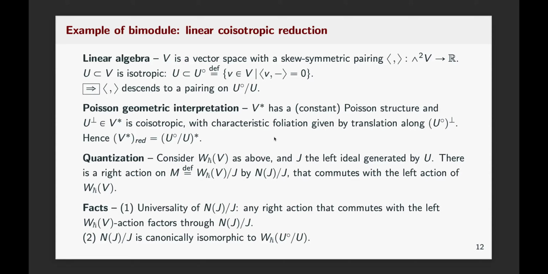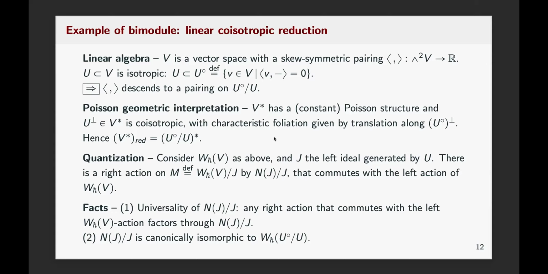This has a Poisson geometric interpretation where we dualize everything. So V star has a constant Poisson structure. The subspace of linear forms that vanish on U is coisotropic. And this U circle mod U is just the dual of the reduced vector space that we get.